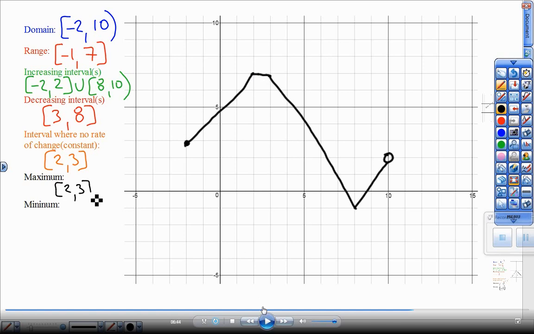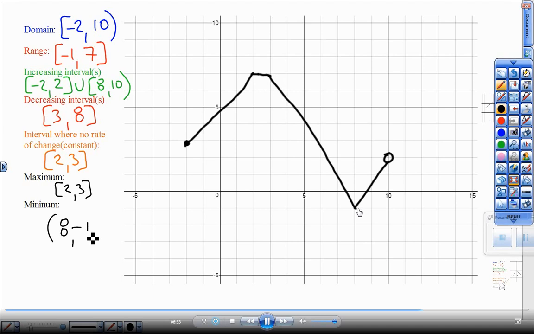Maximum, the highest part of the graph. If the highest part of the graph is a singular point, like a tip, write that as a coordinate. But if the maximum or minimum is a little plateau, you've got to go back to interval notation and measure that from left to right, looking at the x-axis again. I know that's confusing, but again, the maximum here is a plateau from left to right, from 2 to 3, square bracket, square bracket.